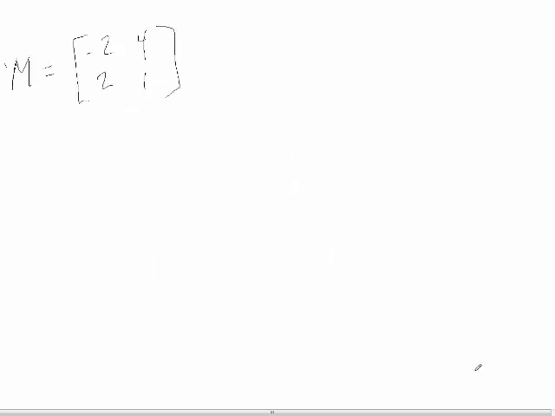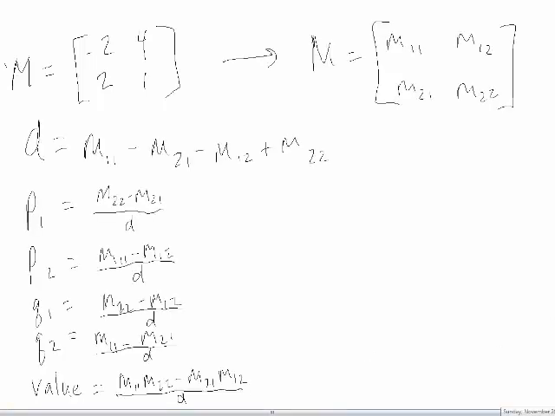And the last thing we could do is look at what would be the optimum strategies for player A and player B based on this non-strictly determined game. What percentage of the time would they choose strategy 1, what percent would they choose strategy 2?